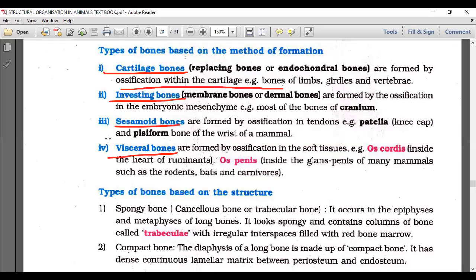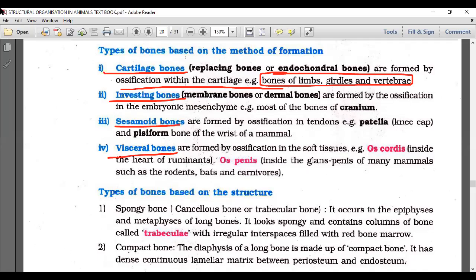Examples are bones of limbs, girdles, and vertebrae. Limbs means hands and legs. Girdles means we have two types: the pectoral girdle and the pelvic girdle. We will come to these in the second year when we study the skeletal system.